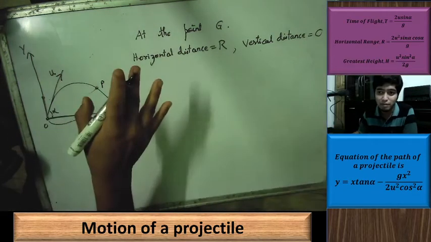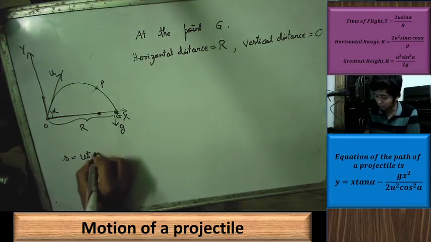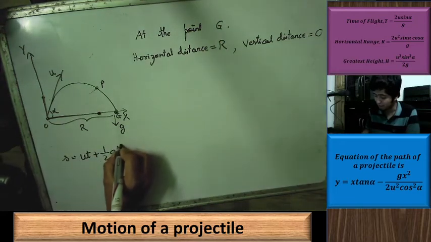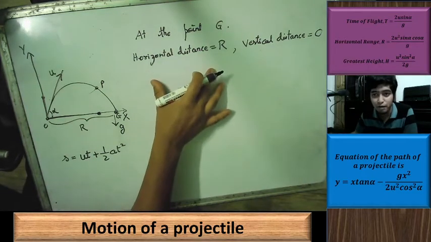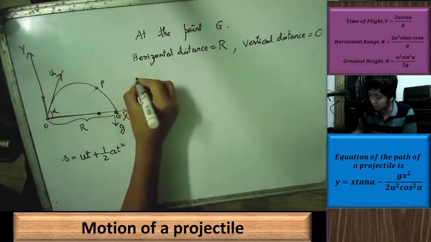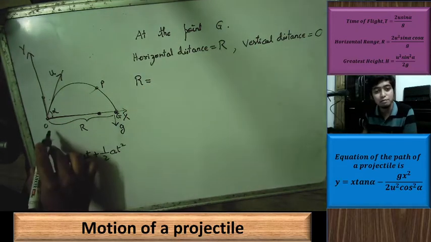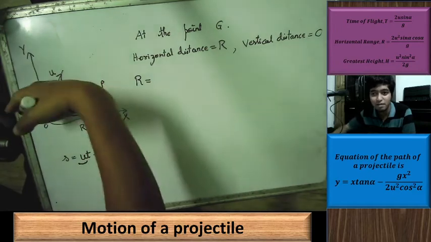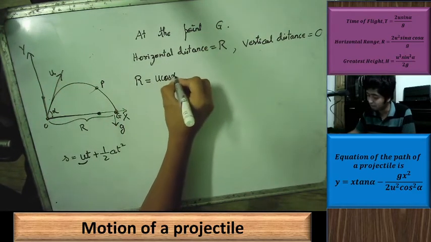So now I will use the equation s equals ut plus half at squared. For the horizontal motion, s will be R. Instead of u, I will be using the horizontal component of the velocity, which is u cos alpha.